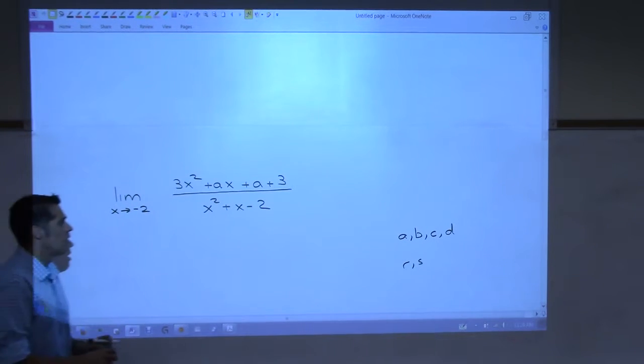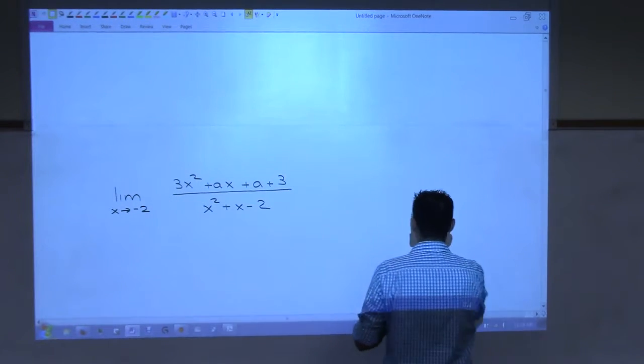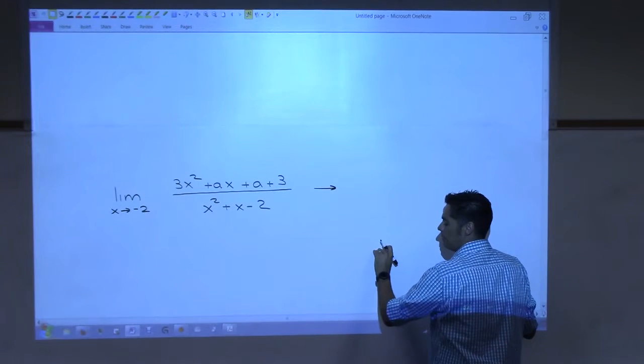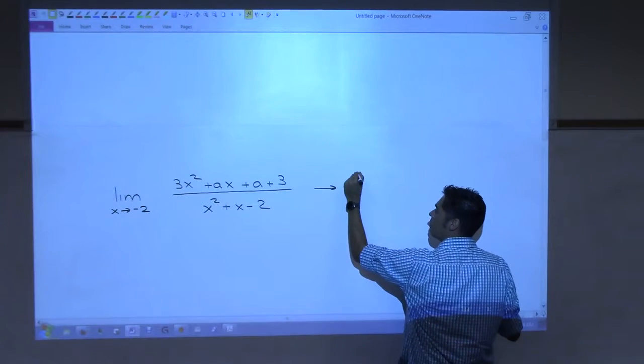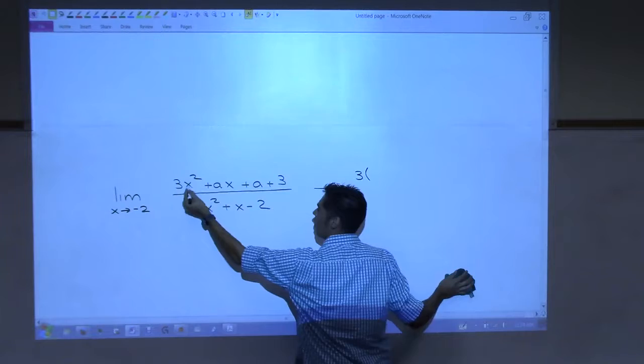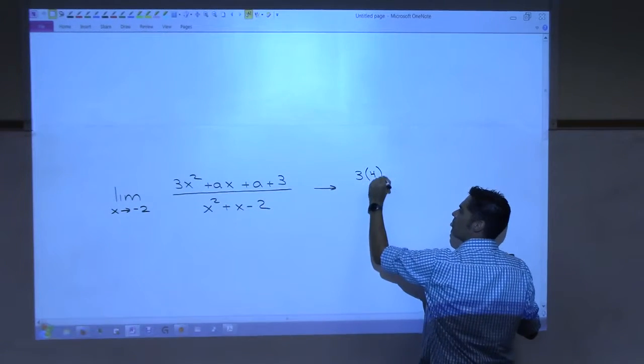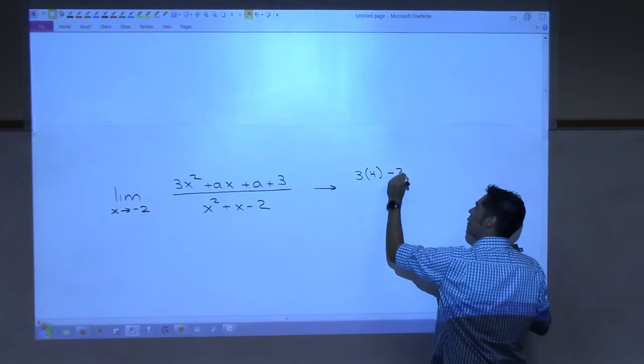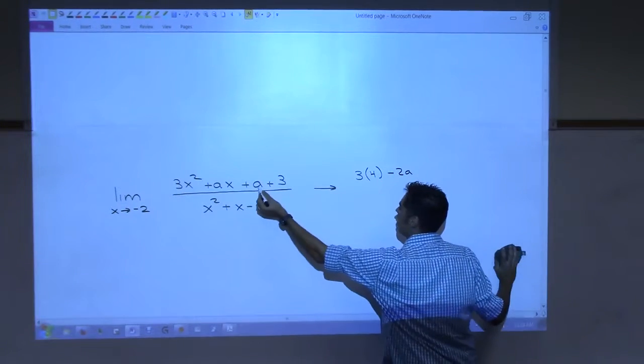All right, well, let's first try and take the limit and see what happens, right? Let's just do direct substitution, direct replacement, plug in -2 for what? X. Okay, so what would I get? 3 times, what's -2 squared? 4, okay. Replacing X with -2, I would get -2A, and then this A doesn't get replaced, right?